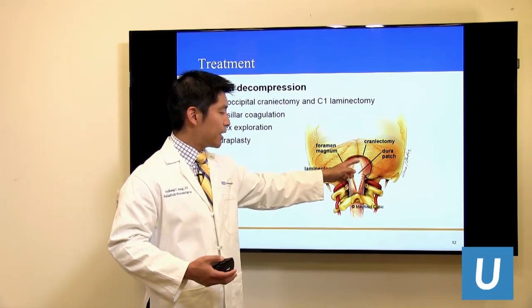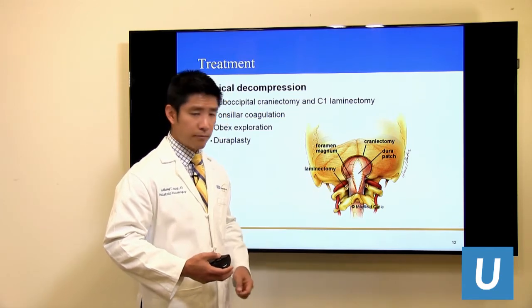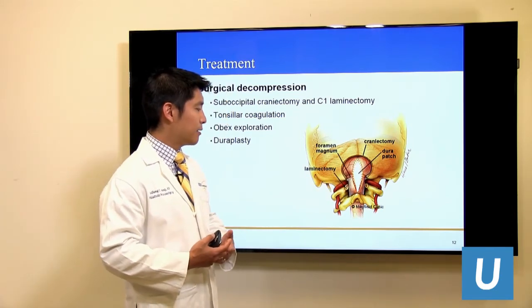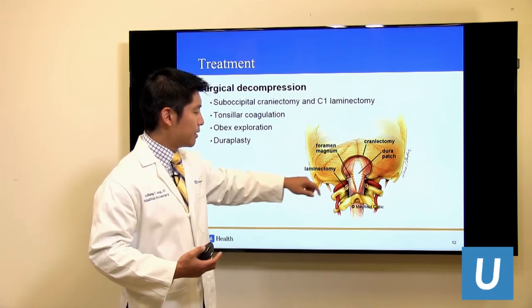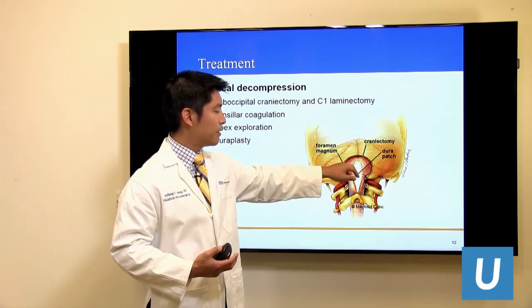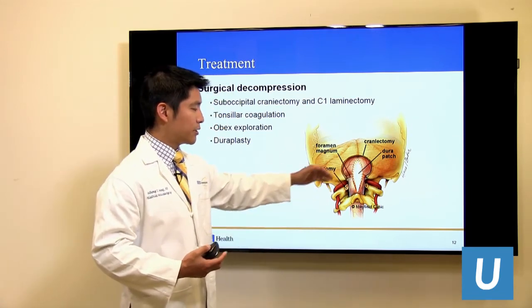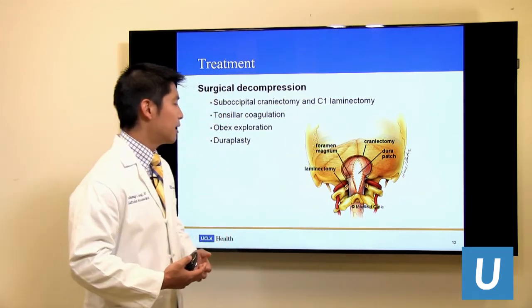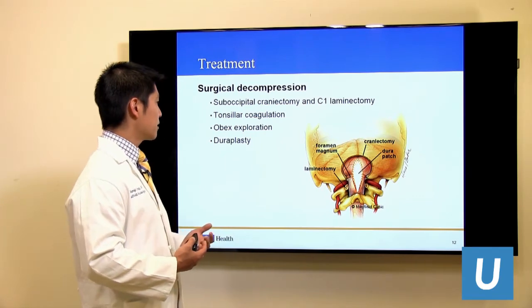Here you see a patch has been sewn into the dura in order to provide more expansile capacity. And then you can also see that the cerebellar tonsils have been elevated here and here to a normal position above the foramen magnum, where normal CSF flow can occur.